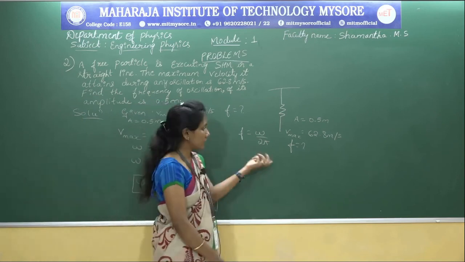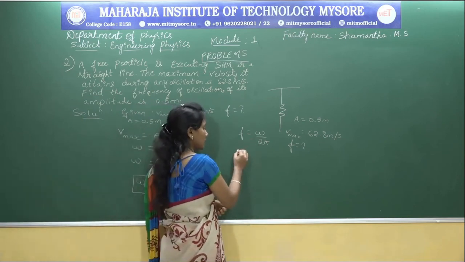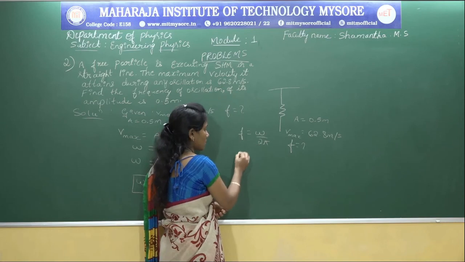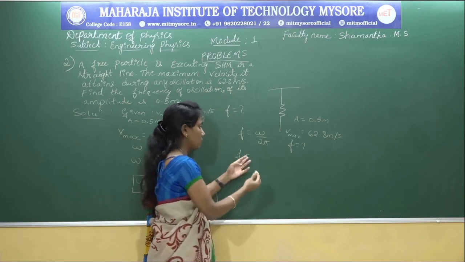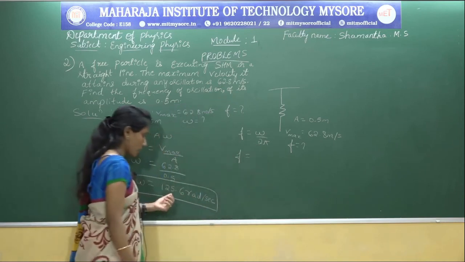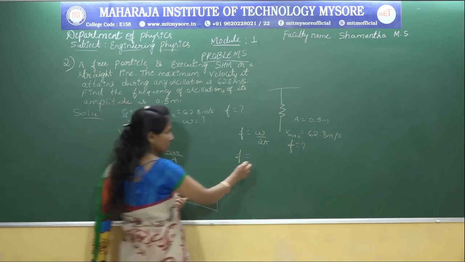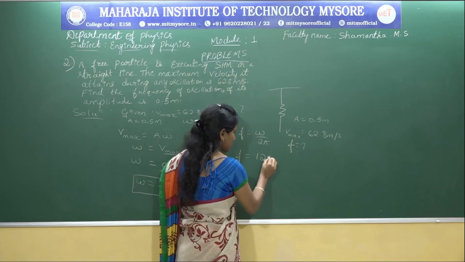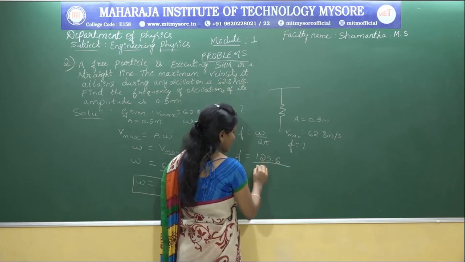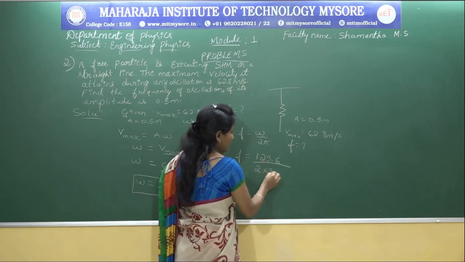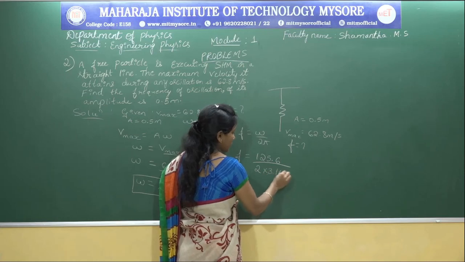So, next I have to calculate the frequency. To calculate the frequency, f is equal to omega by 2 pi. Just substitute that omega value 125.6 and 2 into 3.14.